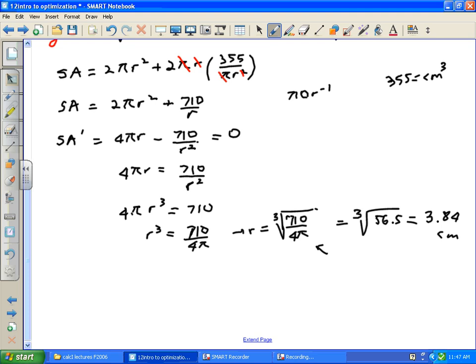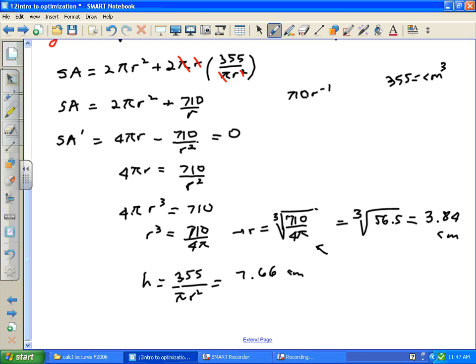So if the volume is in cubic centimeters, the length will be in centimeters. And finally, to get h, go back to your h equation, which was 355 divided by pi r squared, and substitute your r equals 3.84, and you should get 7.66 centimeters for the height of the cylinder.